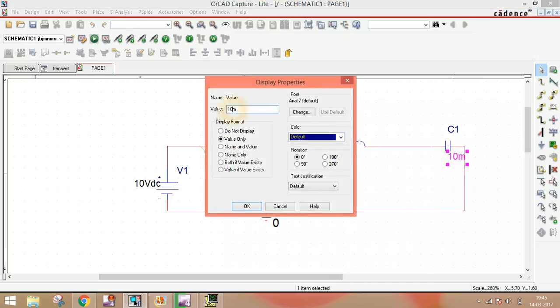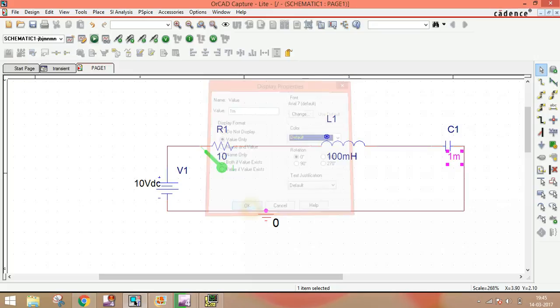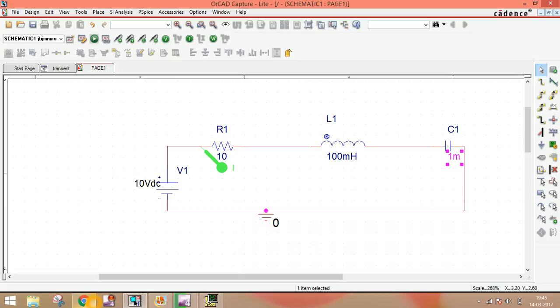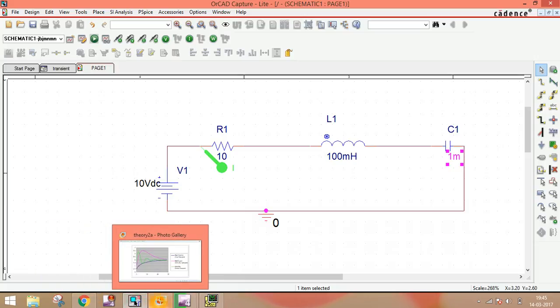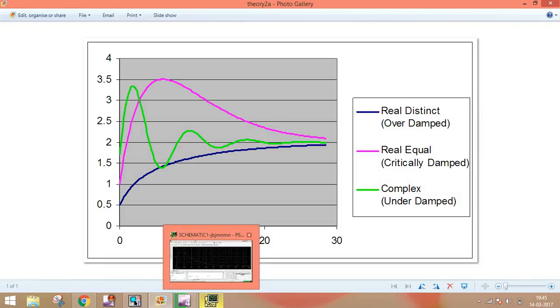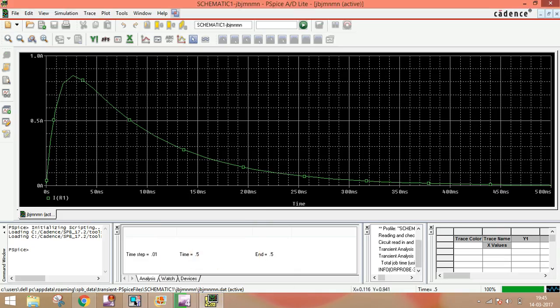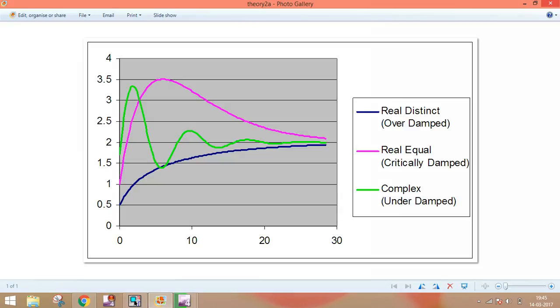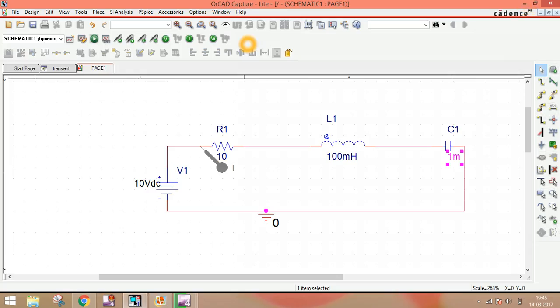Now next thing, if I set 1m, which means less than 4, what is our condition? Less than 4. Here you can see this type of curve, which means underdamped. This type of graph will come. Now simply close this, minimize this and simply run.